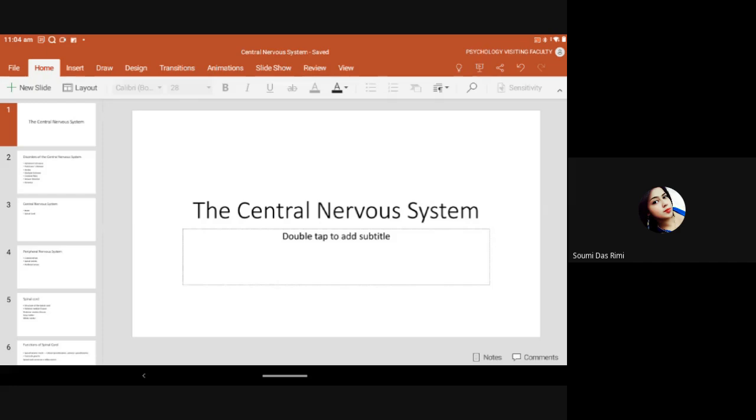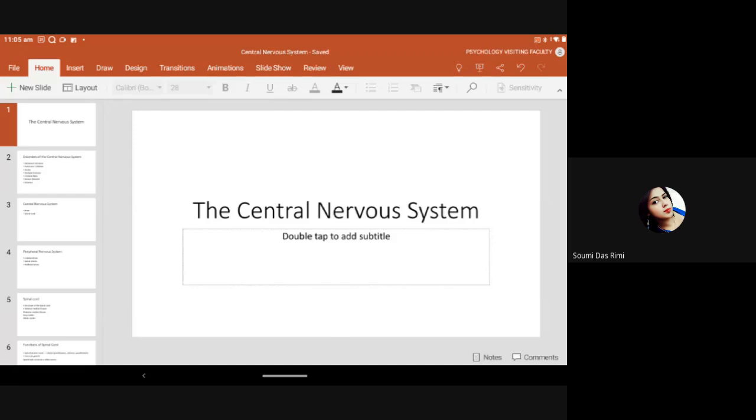Now the sensory division is also known as the afferent division, and the motor division is known as the efferent, E-F-F-E-R-E-N-T, division. The sensory or afferent division is composed of the sensory neurons, and what is their function?